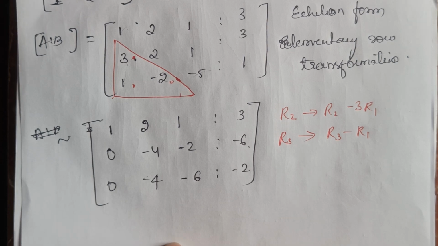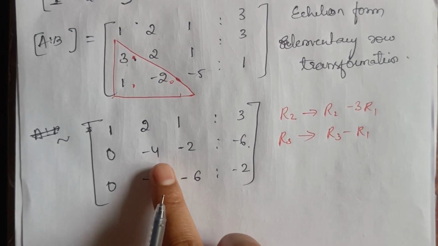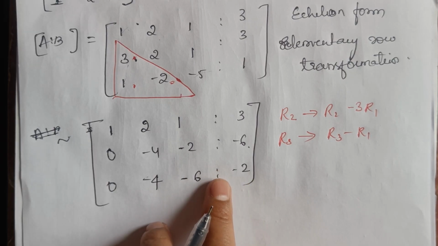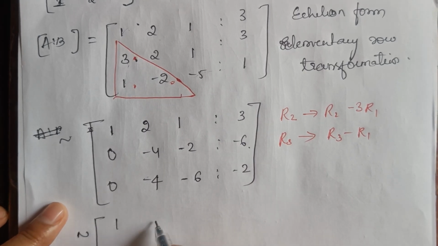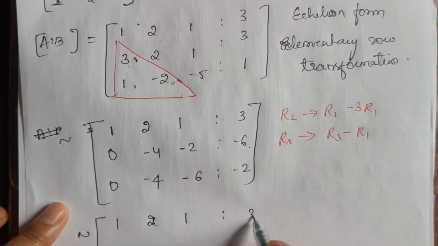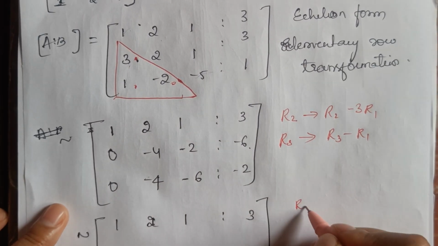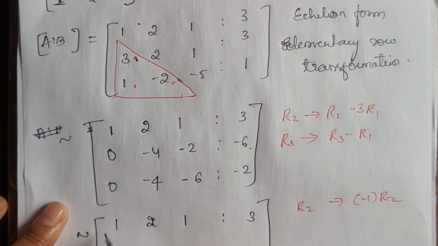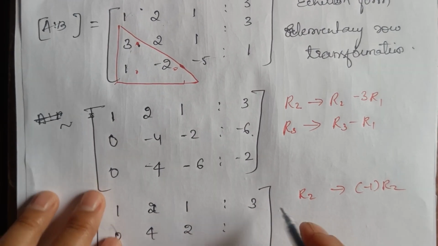As all the numbers in row 2 are negative, I will just change it to positive. So 1 2 1, 3. For row 2, I'm multiplying by minus 1, so it becomes 0 4 2 and 6.